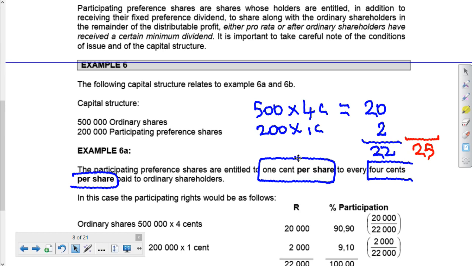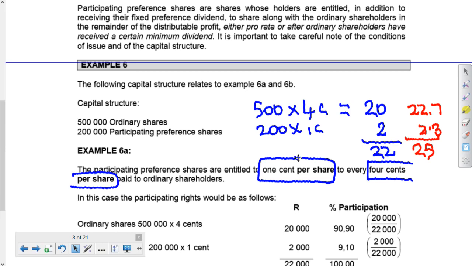So they would get 20 out of 22 times 25. 22.7, let's put it in as 22.7. So they get 22.7, and they then get 2.3.